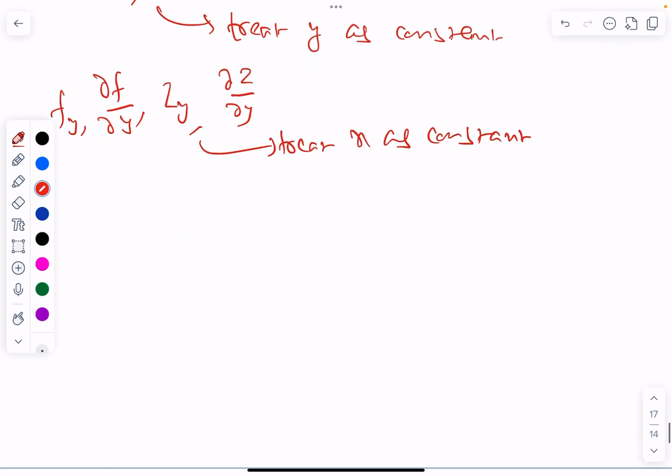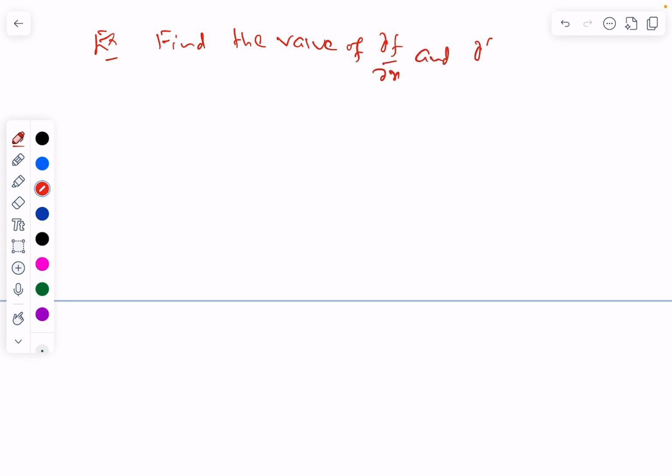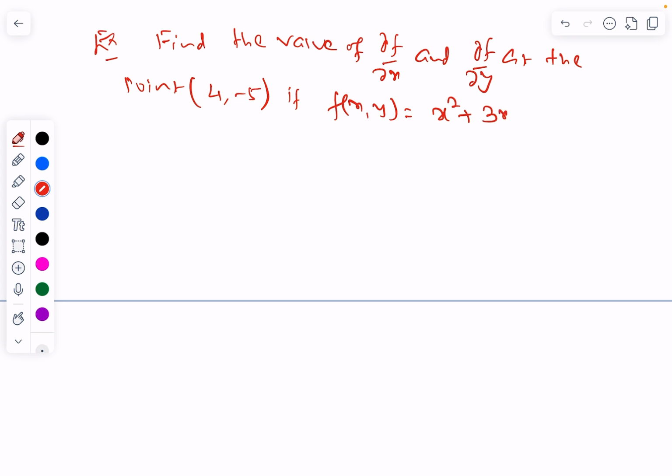So let us take some examples. Find the value of del f by del x and del f by del y at the point (4, minus pi) if f(x,y) equals x square plus 3xy plus y minus 1.